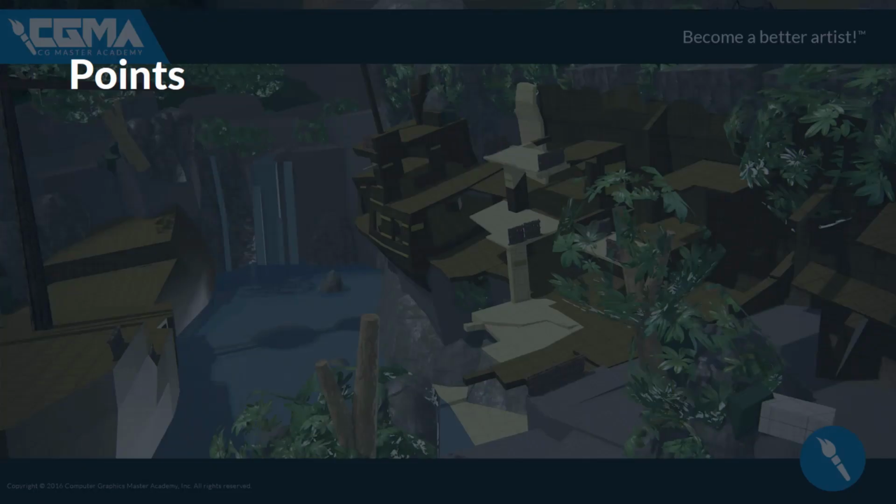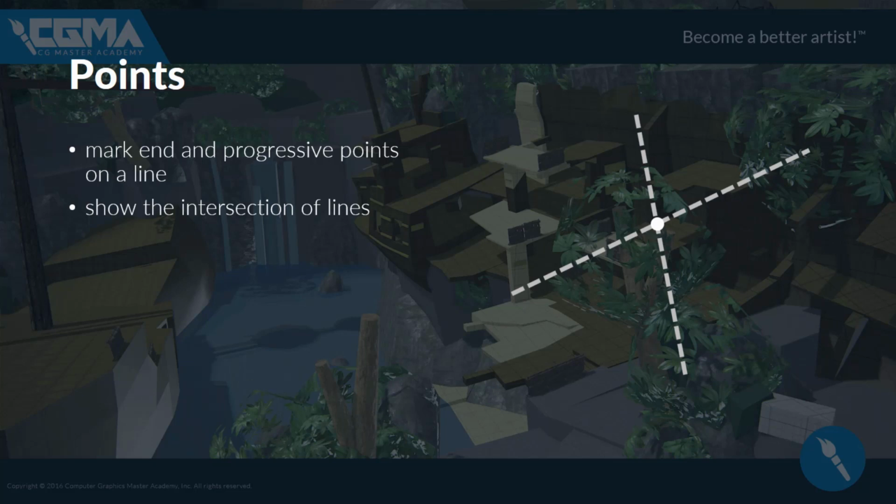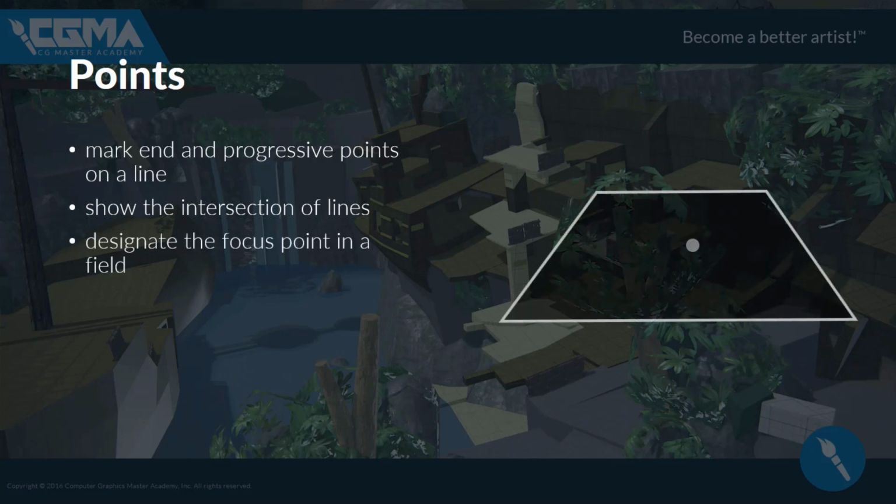So how we use points practically in layout are, for one thing, marking end and progressive points along a line, or showing the intersection of lines, showing the significance of that intersection. It could designate the focus point in a field, much like our rock visualization that I was talking about, a rock in the middle of a field.